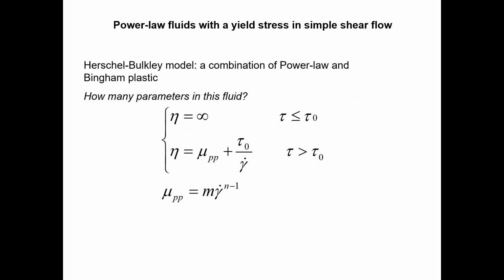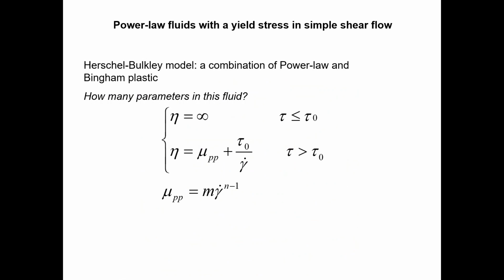Okay? So here's the Herschel-Bulkley model. It's a combination of power law. So this was written separately. Basically, this first part is the power law, and then tau 0 over gamma dot. You can also think about this as a tau 0 times gamma dot. And viscosity is presumed infinite at less than yield stress tau 0.